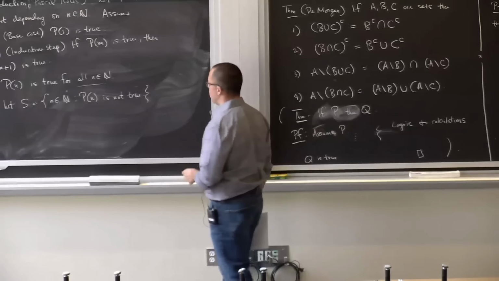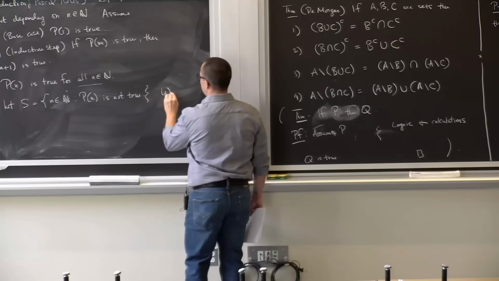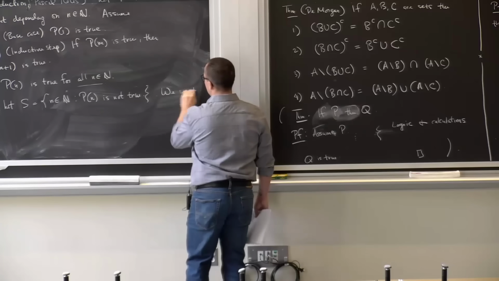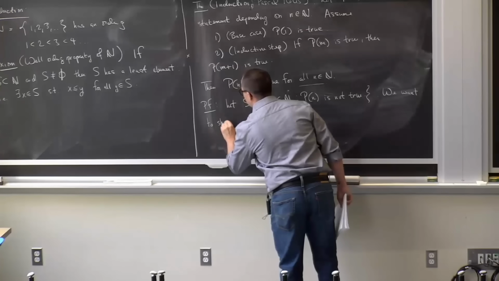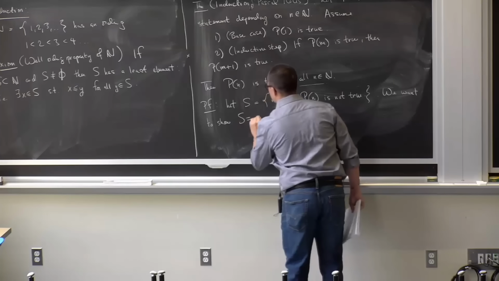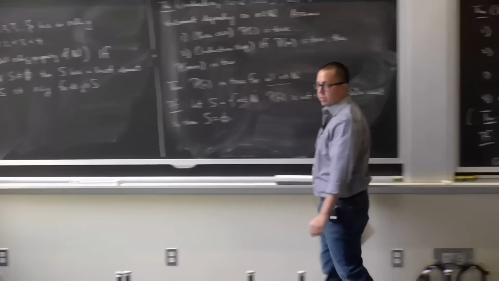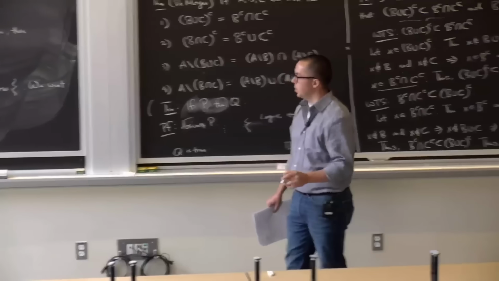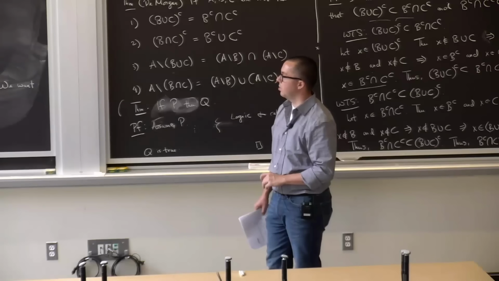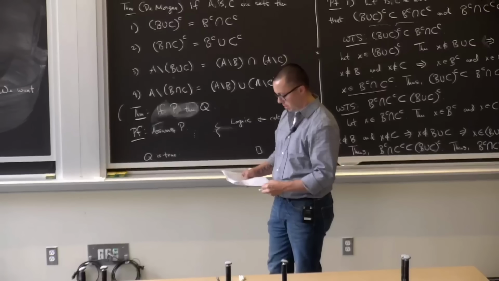So that's equivalent to saying we want to show that S is empty. Okay? Set of natural numbers where P of n is not true, this is empty. This is equivalent to saying P of n is true for all n.